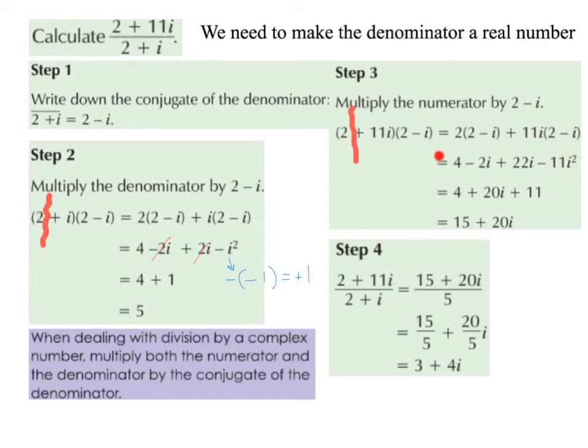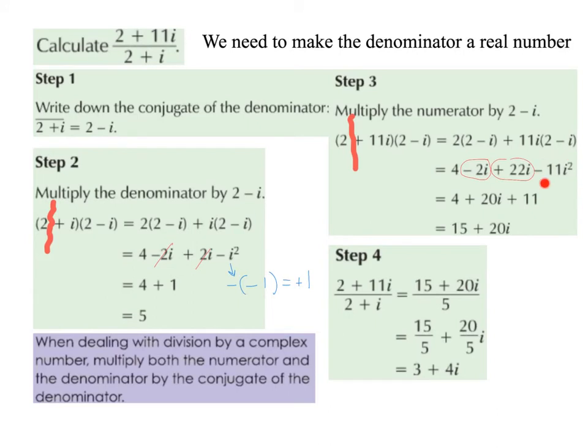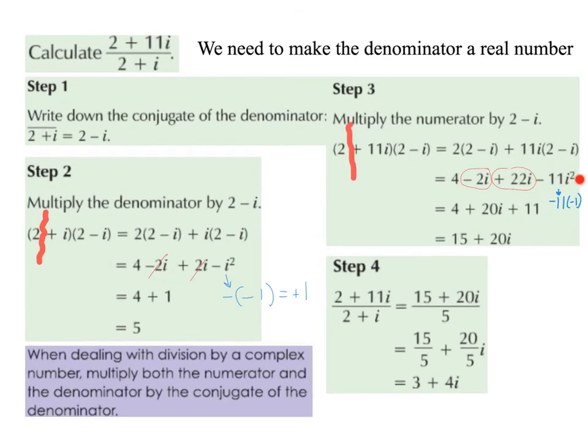Now we can simplify this line. -2i + 22i is going to give me +20i. And then -11i² is going to be -11 multiplied by -1, which will give me +11, because we swapped the i² for -1 with brackets around it.